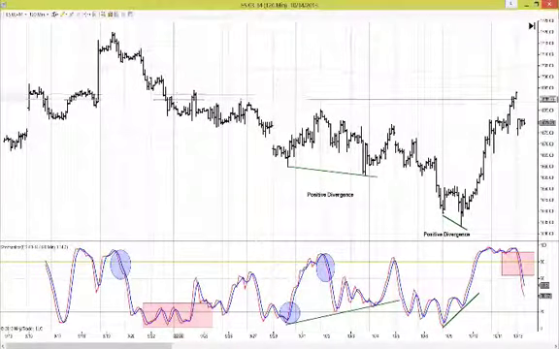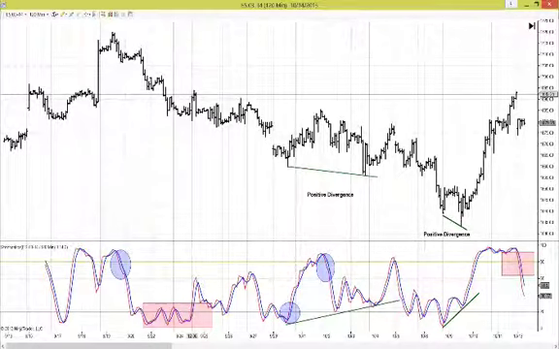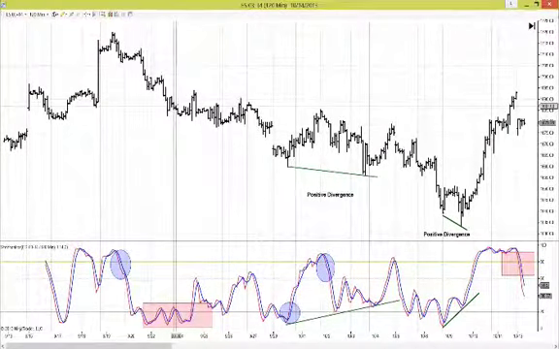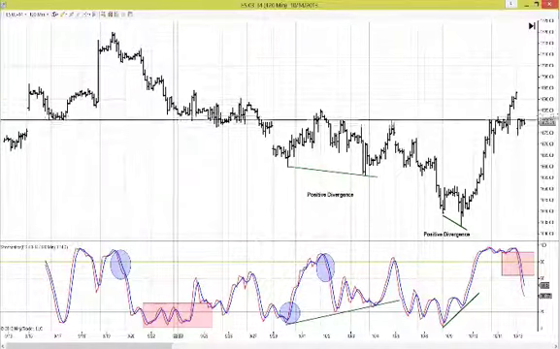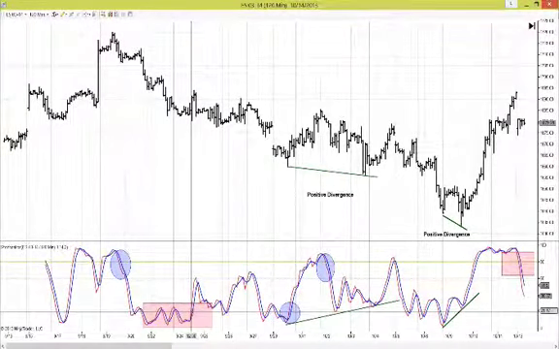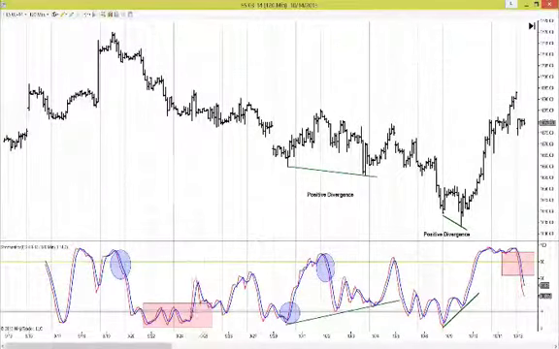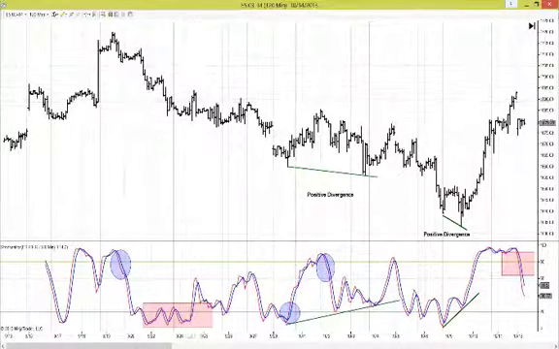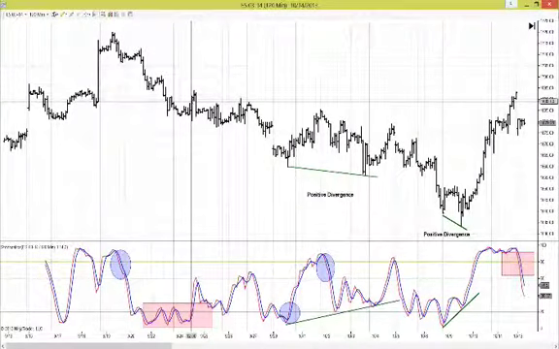It gave us again the signal here and right here, and it didn't work either. So it actually gave us a third one right here, and pretty much didn't work. I mean, you could have gotten a few ticks, but no more than that.